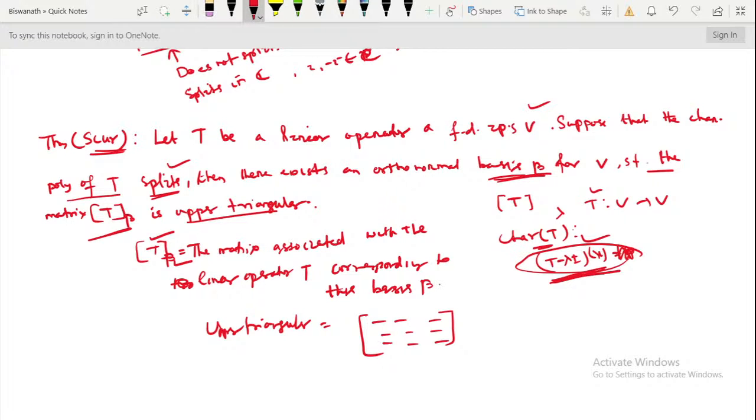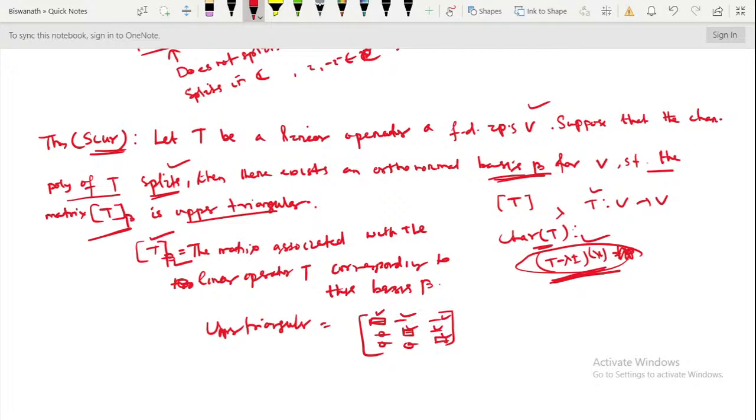Upper triangular means the elements below the main diagonal are 0. The diagonal elements themselves may be 0 or non-zero.